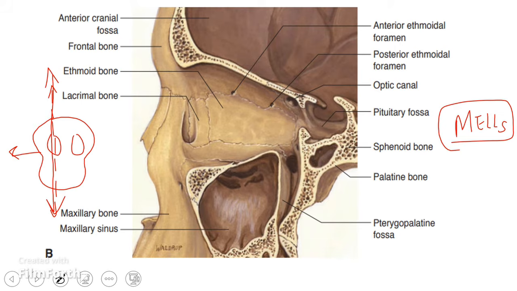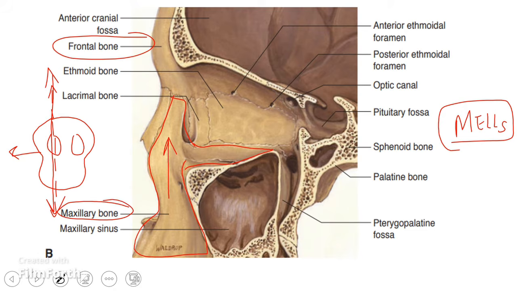First is the maxillary bone. You can see this bone over here. This is coming from the maxilla, and because it is growing towards the frontal bone, this entire process is called the frontal process of the maxillary bone. So the frontal process of the maxillary bone is forming the medial wall of the orbit.